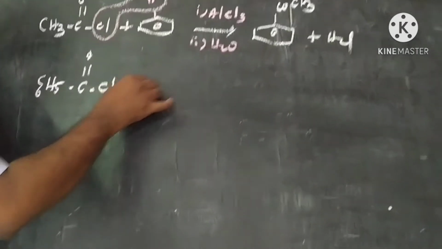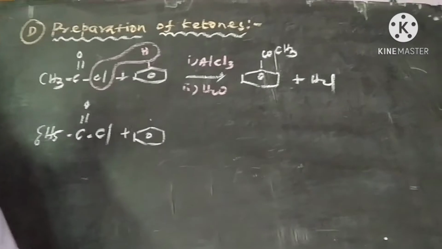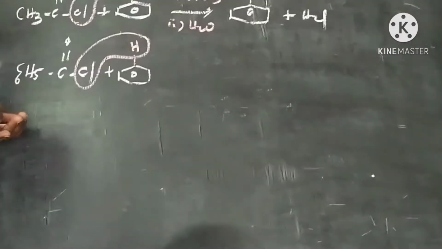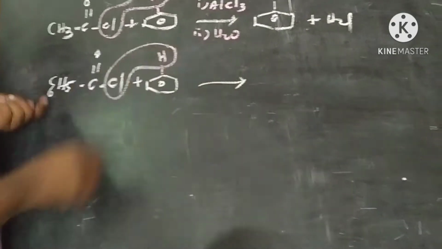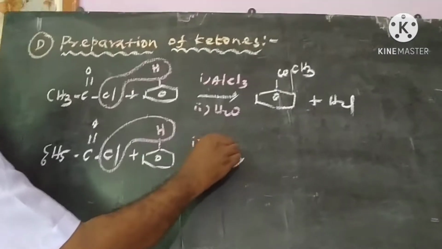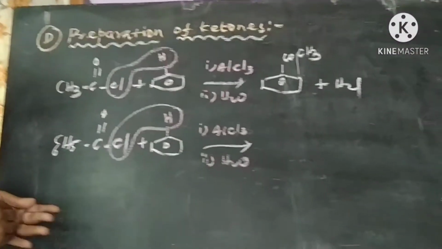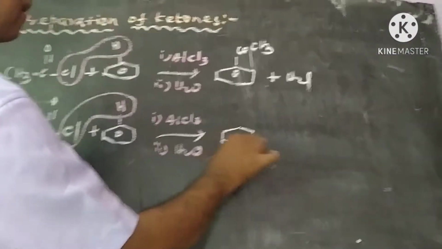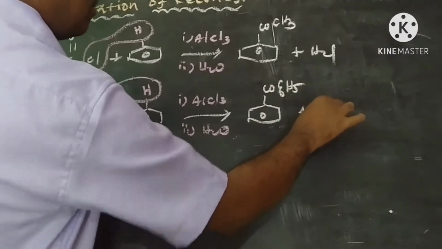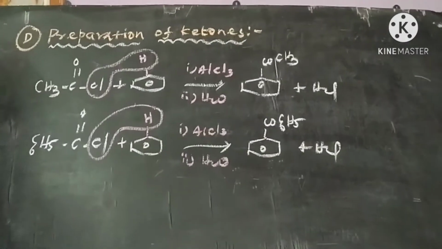Again, the same reacts with benzene, with the same conditions: first AlCl3, aluminum chloride, and next water, to give benzophenone, C6H5COC6H5 plus HCl. The first one is acetophenone, the next one is benzophenone.